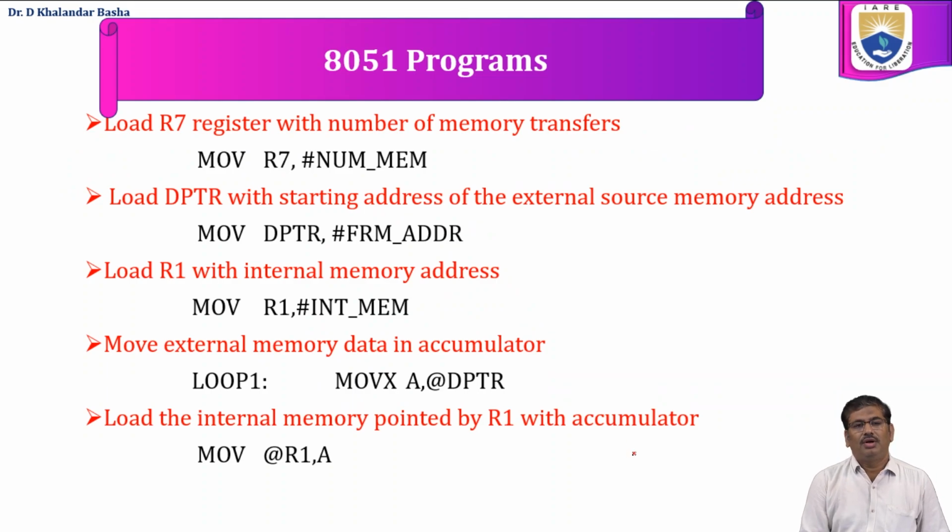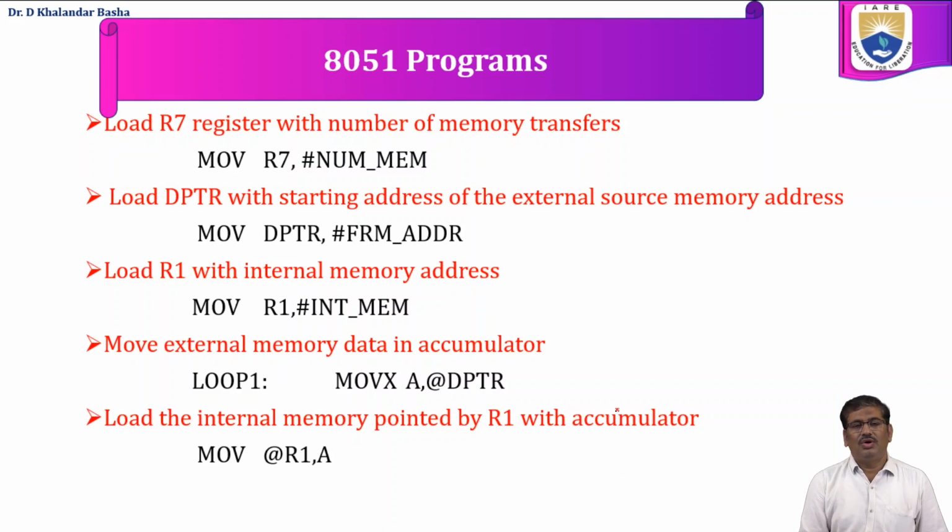First, we will move the number of memory locations we want to copy from one location to another into the R7 register by using MOV R7, #number of memory locations.